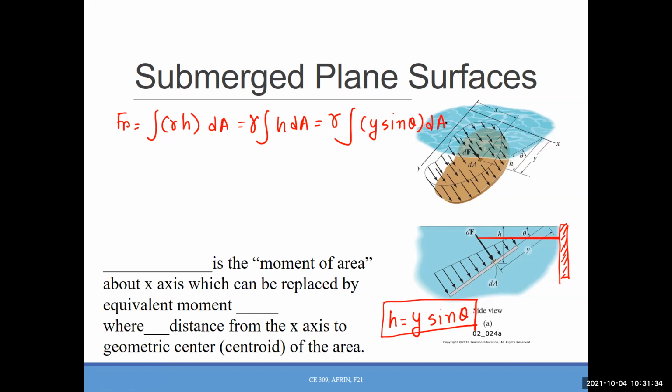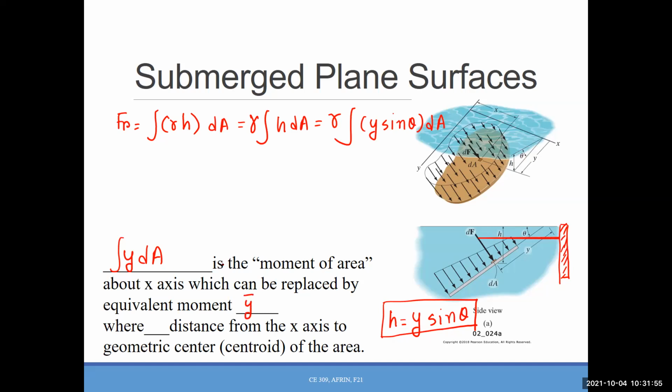Okay. Now here, y dA is actually the moment of area about the x-axis, which can be replaced by, if you integrate that, what you will have finally?